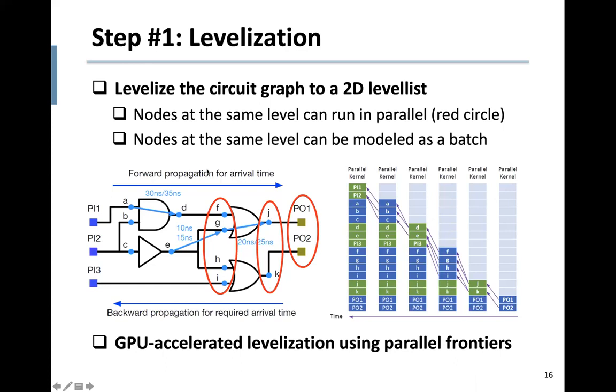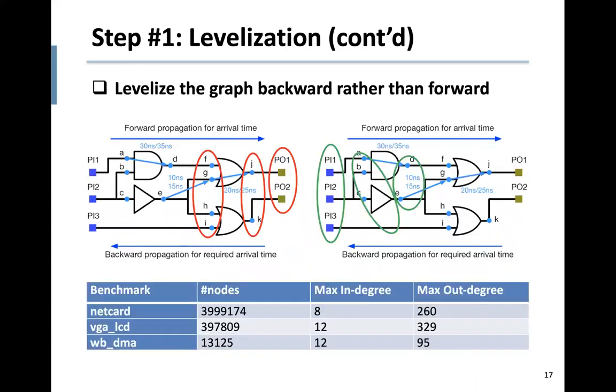Yes, and that is why we do this backward, not forward. If you look at the distribution of the input degree and output degree, they are very, very different. If you do this forward, you are going to suffer from a lot of atomic accesses at the same time, which hampers the performance.